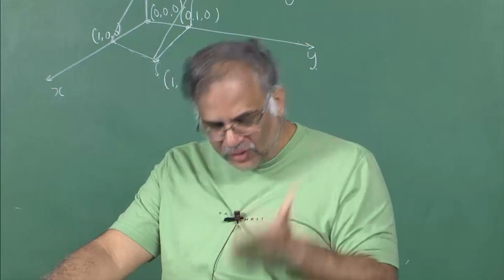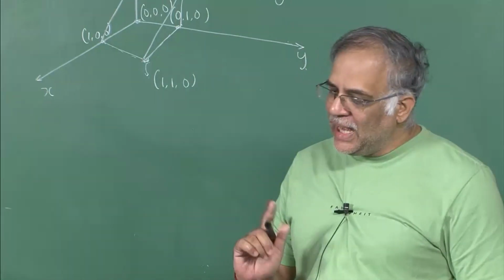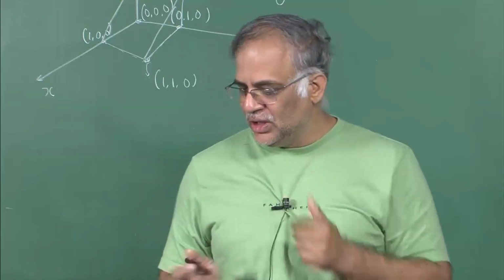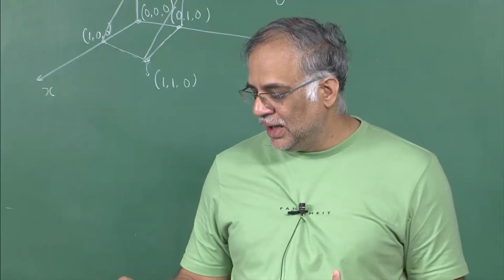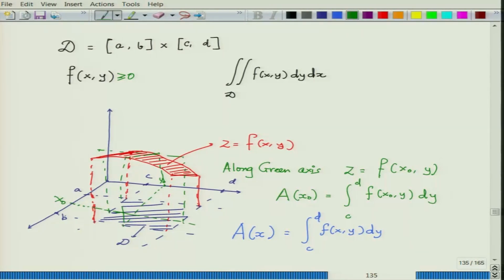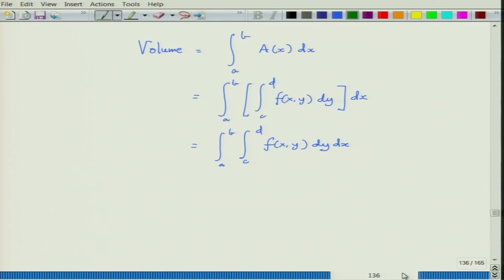So in that case, the whole thing can be changed. Instead of A(x), I will have A(y), and here this will be the integral from A to B of f(x, y) dx. So the volume can also be computed by first finding the area along the y axis and then integrating to get the volume.